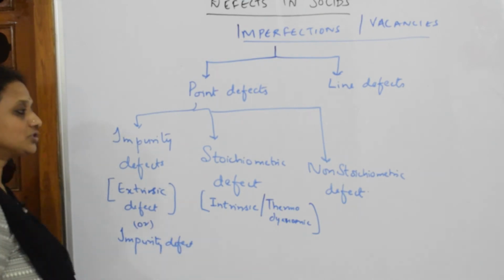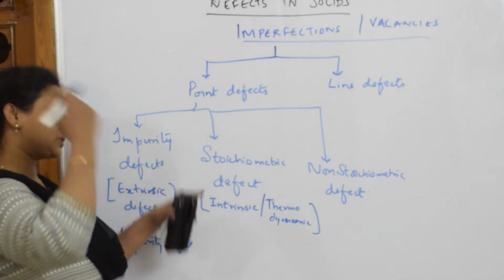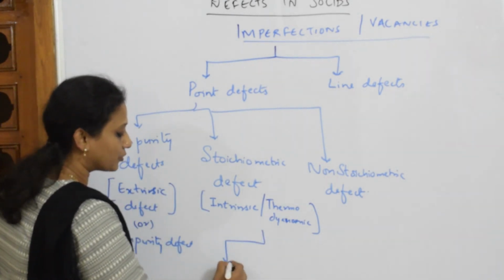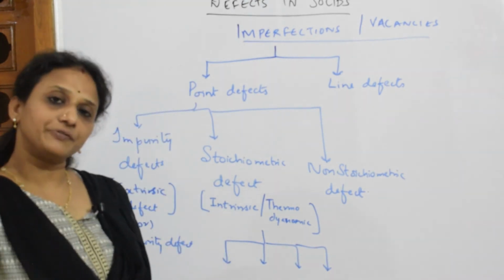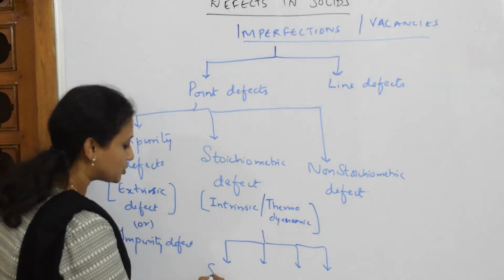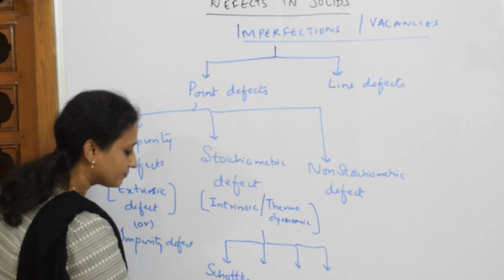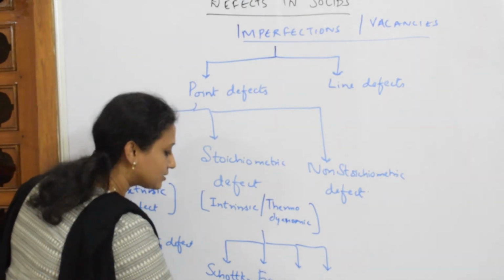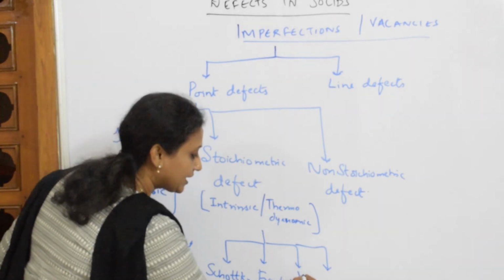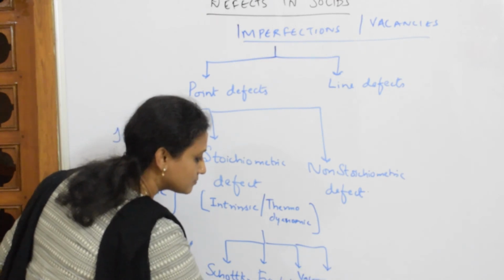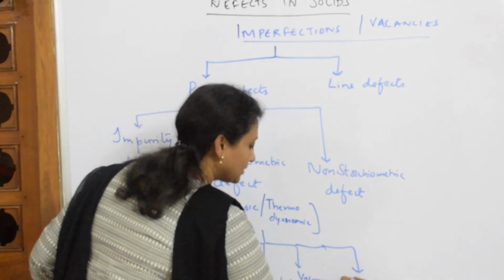Fine. Let us further see the classification. Your stoichiometric defects are further classified into four: 1, 2, 3 and 4. Stoichiometric defects are classified into Schottky defect, Frenkel defect, vacancy defect, and interstitial defect.